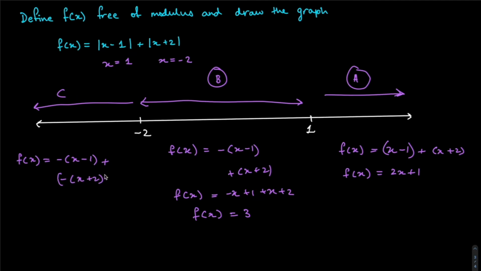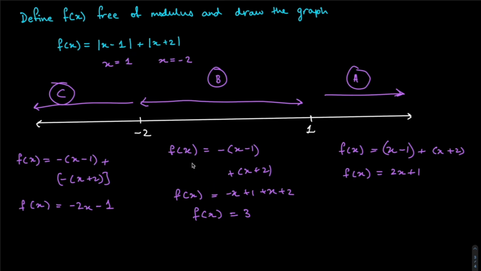This simplifies down to minus 2x minus 1. So these are the three piecewise functions when I remove the modulus from them.